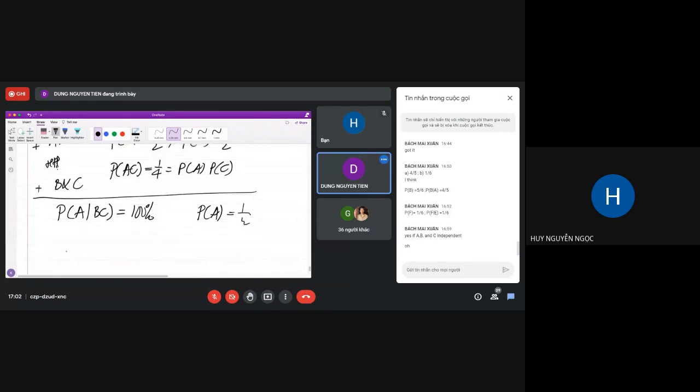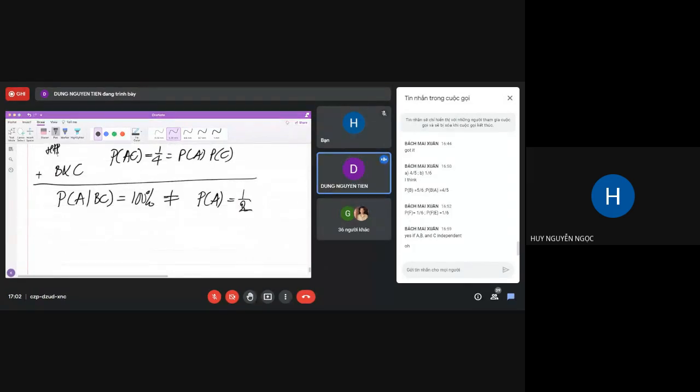So in order to guarantee that you can drop the condition BC when you compute the probability of A, you need a stronger condition on the probability of the 3 events. That would be mutual independence.